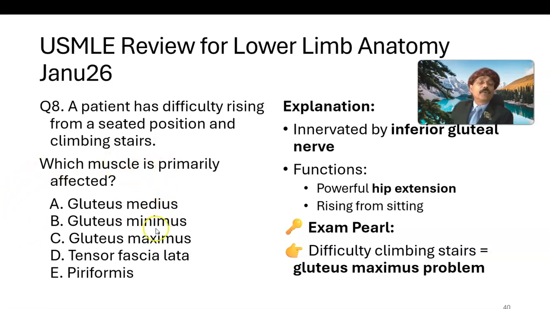The most important muscle is the gluteus maximus, essential for a person to stand up from a chair. Also, he needs to extend the knee, but we give emphasis for this patient to the gluteus maximus, innervated by the inferior gluteal nerve. Function: powerful hip extension, rising from sitting. Example: difficulty climbing stairs means a gluteus maximus problem.